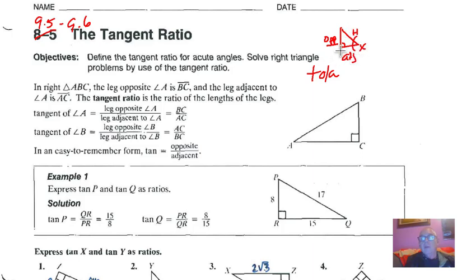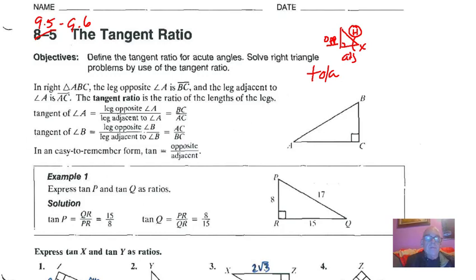So you can find the adjacent side pretty easily after you rule out the hypotenuse, which is easy to find because it's opposite the right angle. The other two sides are either adjacent or opposite. The adjacent side is part of the angle. The opposite side is the side opposite the angle.